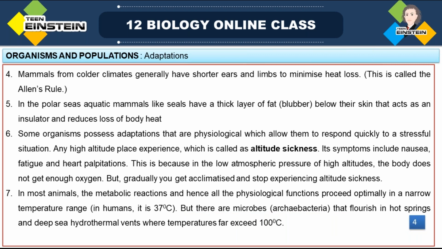Next, another example is mammals from colder climates. Generally they have short limbs and short ears. For what purpose is it like that? This is to minimize heat loss. This is called Allen's rule.